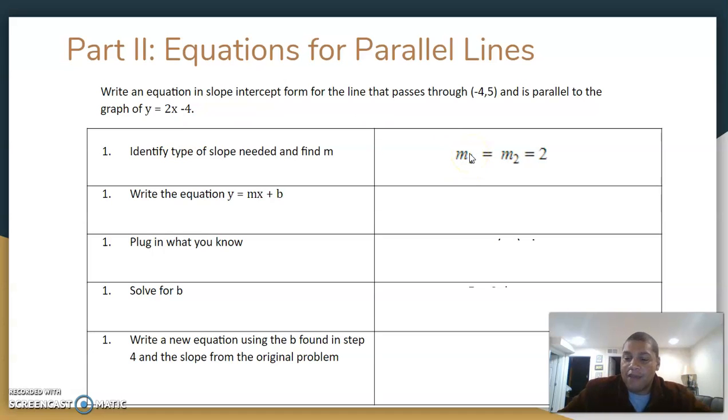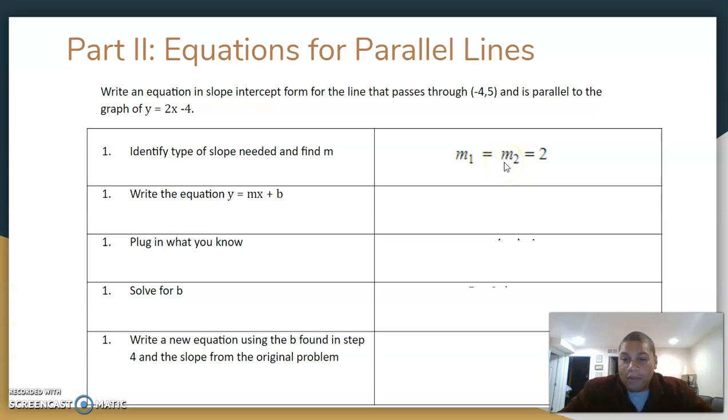It's the same as when we have x1 and y1 and x2 and y2. Here, m1, the slope of the first line, has to equal m2, the slope of the second line, which is the one we're trying to find. m1 is the slope the problem gives us. Right here, m1 is 2. That has to equal our new slope, which will also be 2.